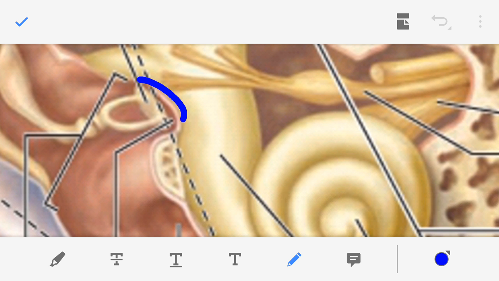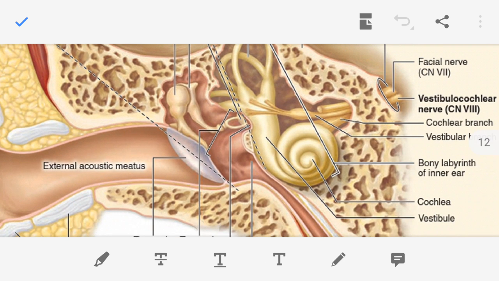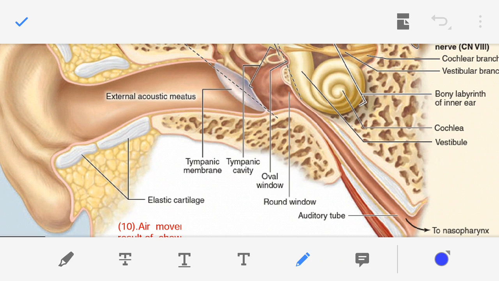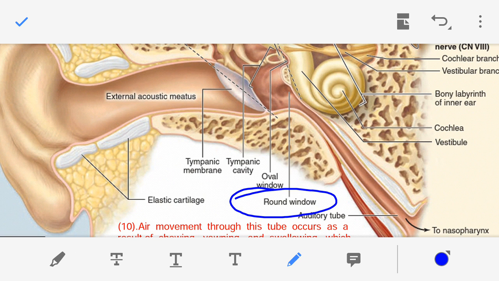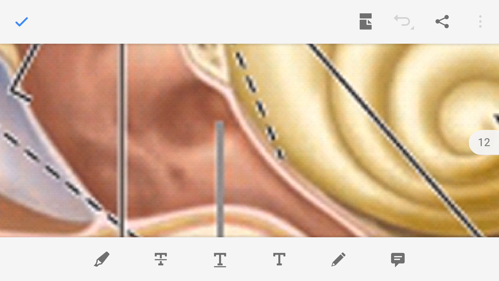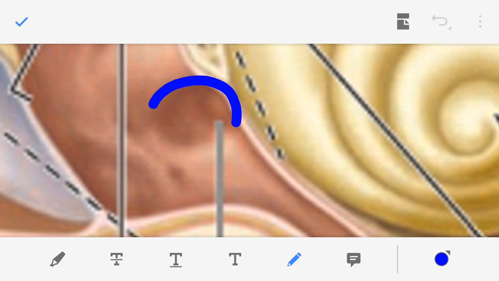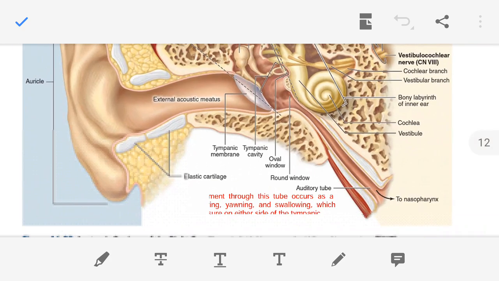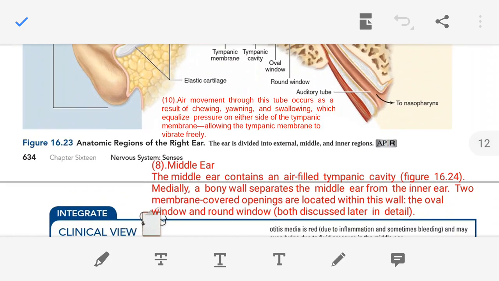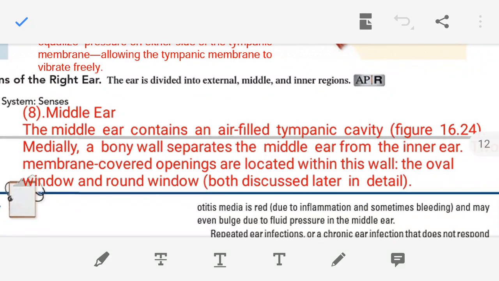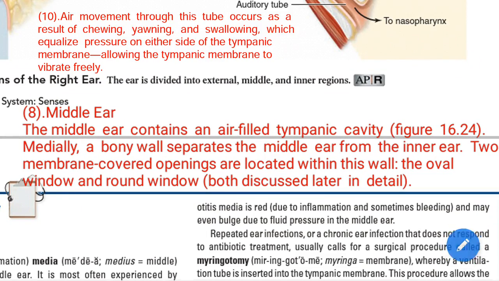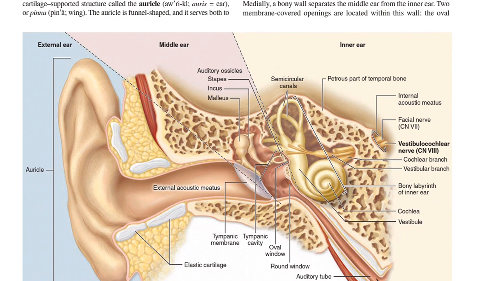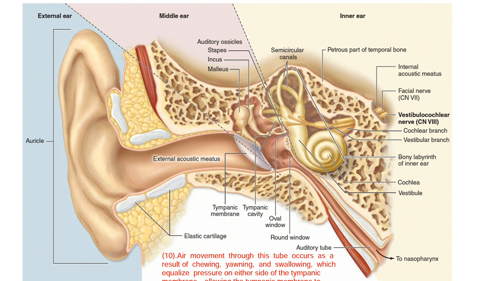This is the oval window, and this is the round window. Go through this figure and try to read all the names once.